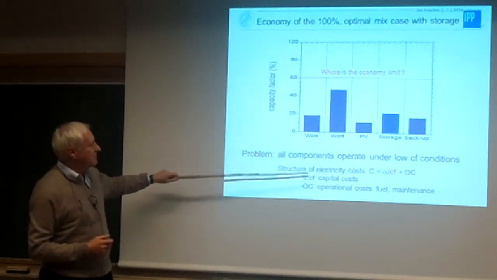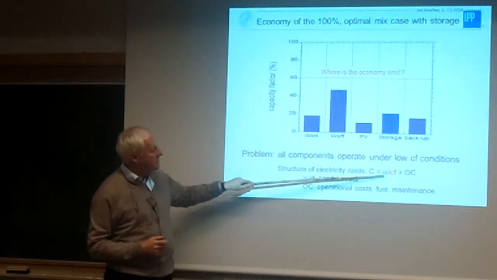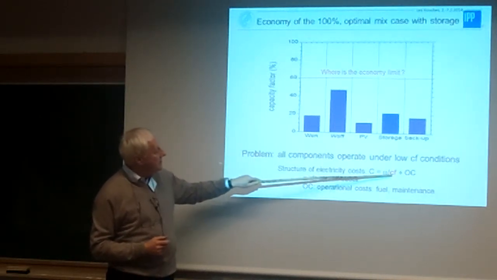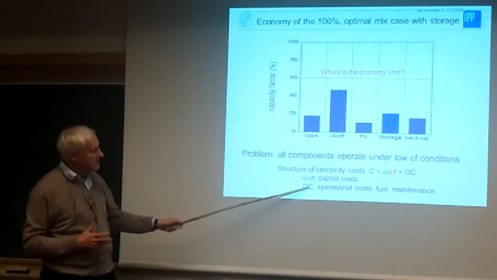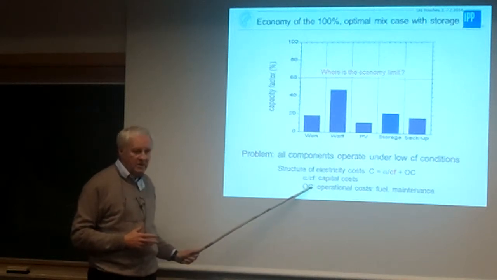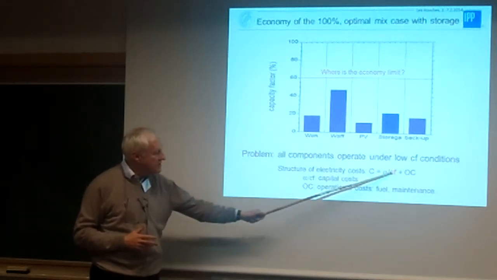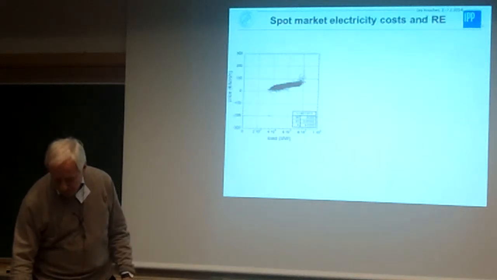But for sure, the structure of the electricity cost is alpha divided by the capacity factor plus OC, where alpha represents the capital costs and OC the operational costs. So if you have a system which has no operational costs, it depends very sensitively on this quantity. So this is a crucial economic element.